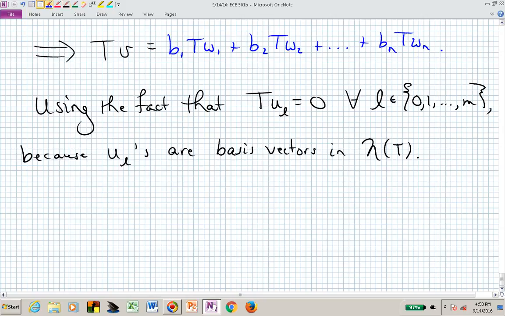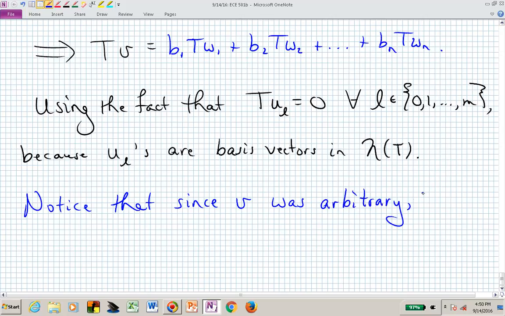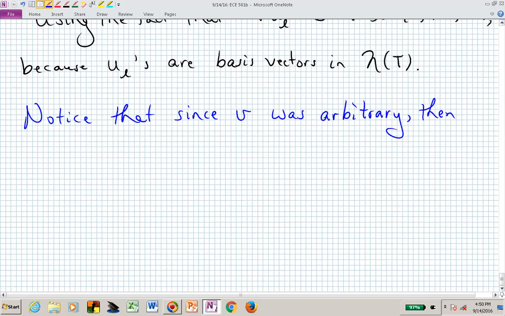Now, we picked v arbitrarily. Notice that since this vector v that we started with was arbitrary, then we can actually make two different observations.